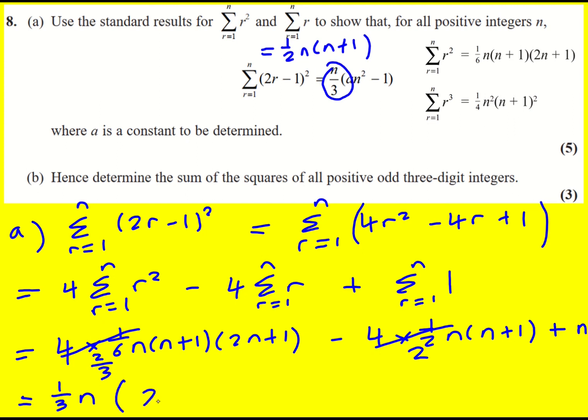So I'll have 2 times n plus 1 times 2n plus 1 minus, now when I factorize a third out here, I'm going to need to times 2 by 3, so I'm going to have 6. Okay, because that will mean I'm left with 2 when I multiply it back out. So 6 times n plus 1 and then plus 3, because I'm factorizing a third n out, I'm going to be left with that 3.